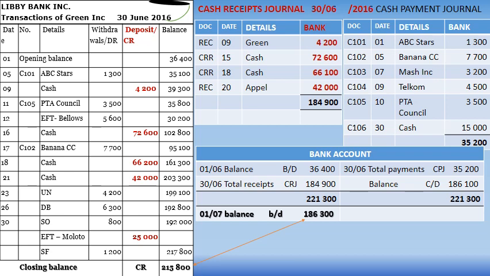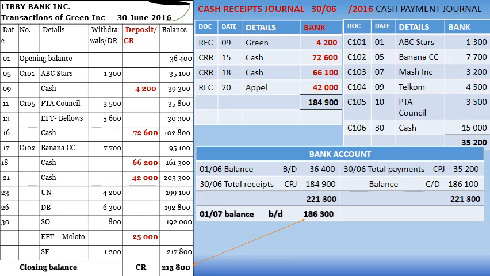On the statement, the following are appearing: the date of the transaction, check numbers for all the checks that were presented to the bank for payment, the details of entries as shown in the bank account, the withdrawal column showing all the payments that were done through the bank, the deposit done into the bank account, the daily bank balance, and the month-end favorable balance of 215,800 rand.